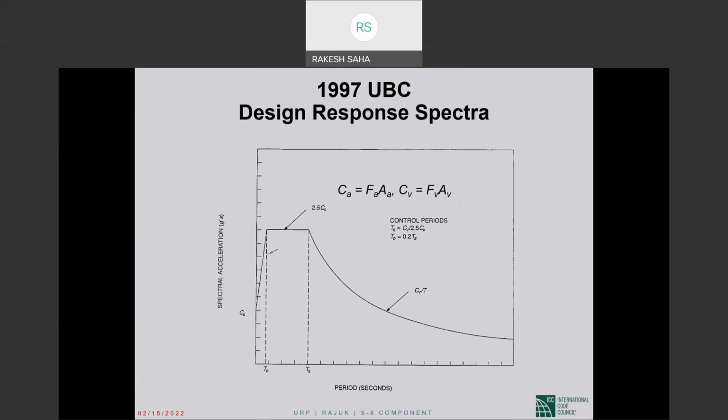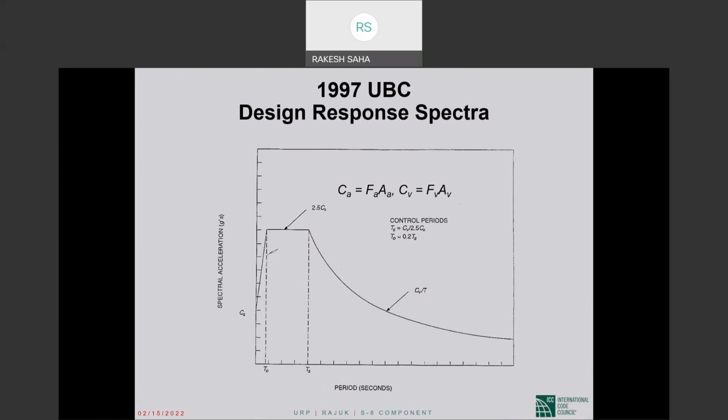From that, we went to the 97 UBC design spectrum. 97 UBC was in effect in California until the last day of 2005. Now, this is pretty recent, and it is in use in many parts of the world, that I can assure you. Okay.